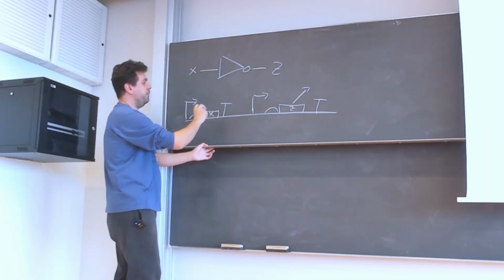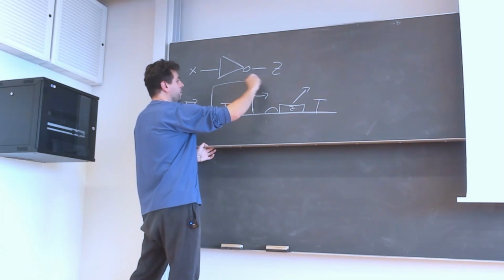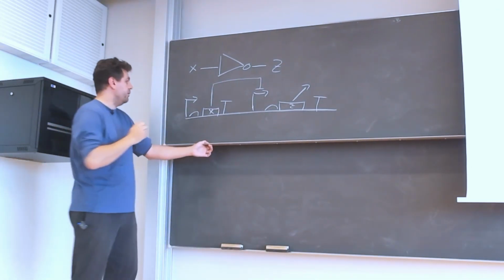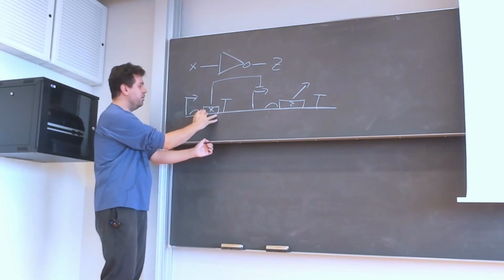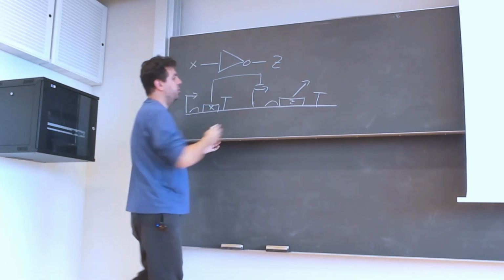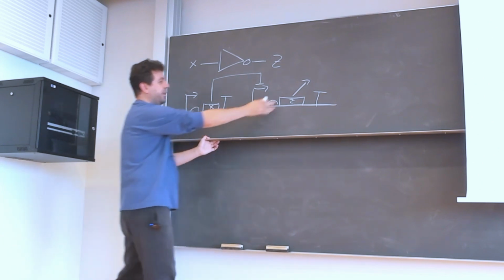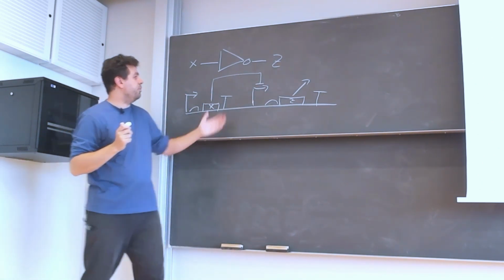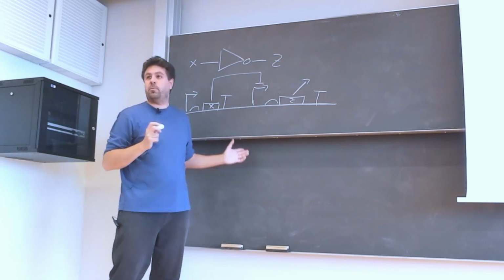All we have to do now is go from here and repress that. For example, if x is high, then z will be low, and if x is low, then z will be high because it's not repressed. X is not expressed, so z is expressed.